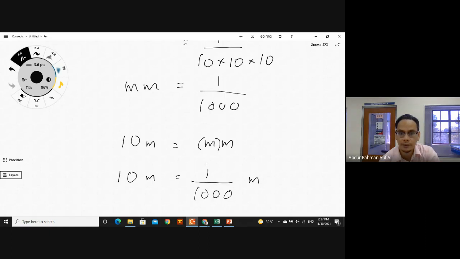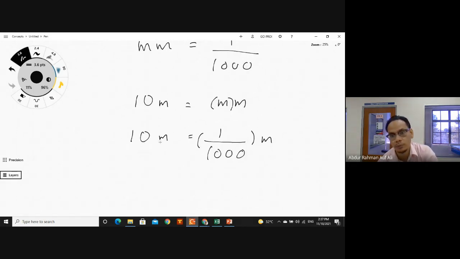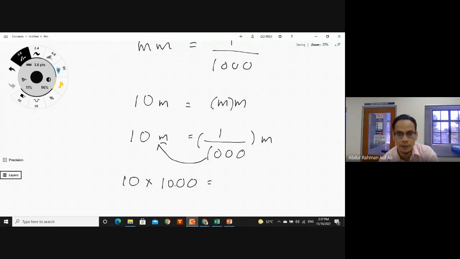The m is milli, so we replace it with 1/1000. To convert 10 to millimeter, you bring the 1000 to this side. So 10 multiplied by 1000, that's why in this problem you get 10,000 milli.